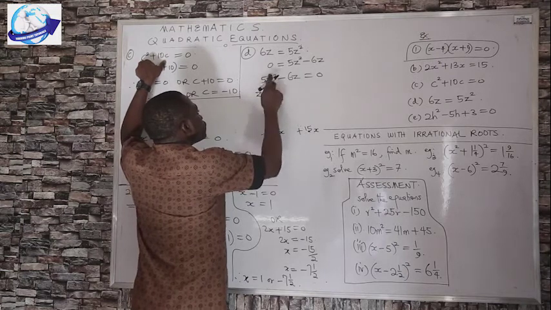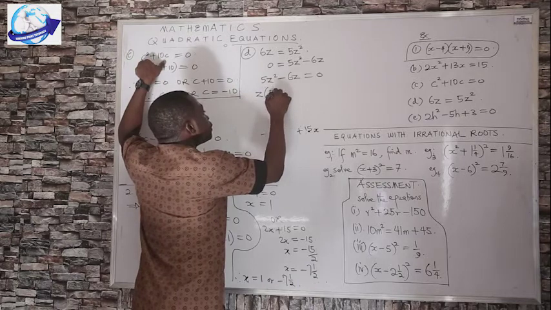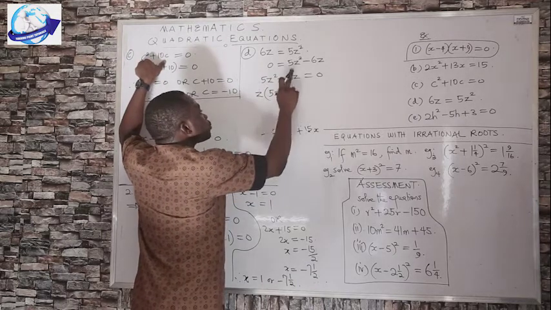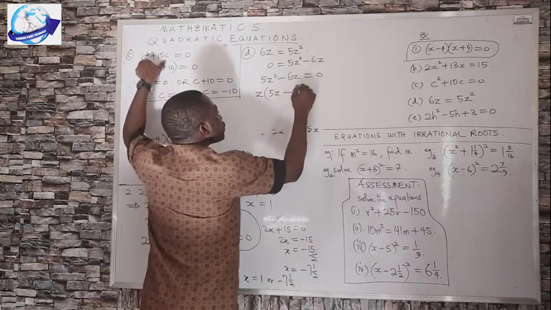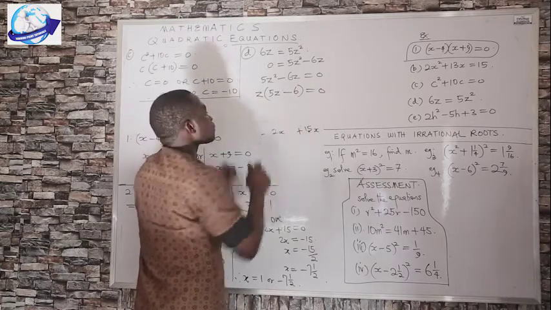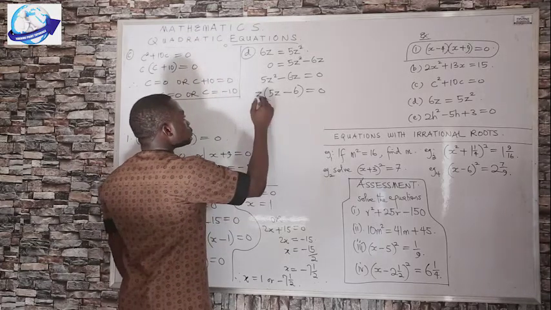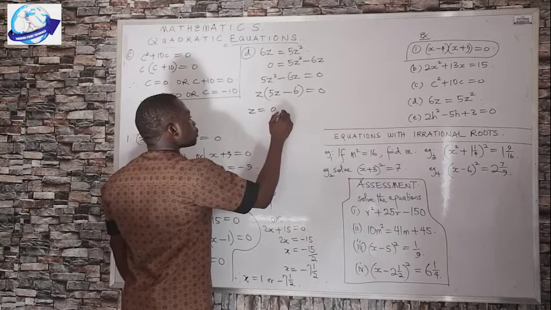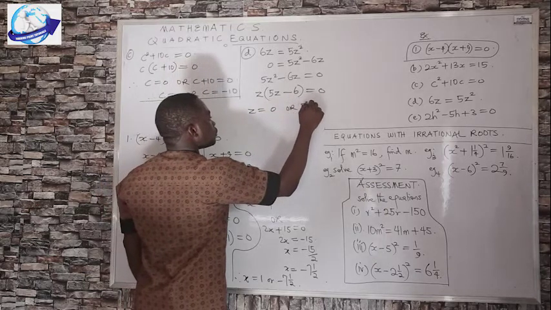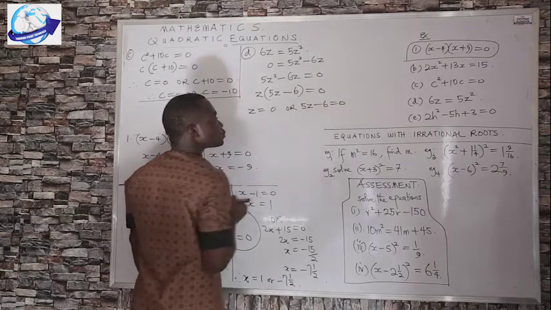So z into this is z, cancel, 1z squared. From 5z squared you have 5z, minus z cancel z out of this, you have 6 left, equals 0. That makes z multiplying 5z minus 6. Okay? So z becomes 0 or 5z minus 6 equals 0.